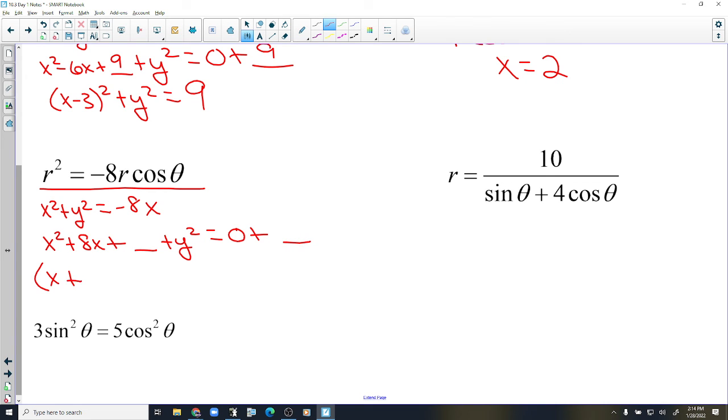So x plus, 16, right? 8 divided by 2 is 4. 4 squared is 16. There's another circle. But it's down, right? It's really negative 8 cosine. To the left. Excuse me, to the left.